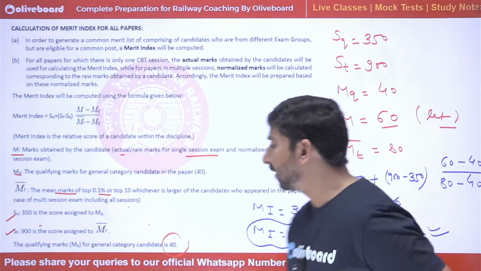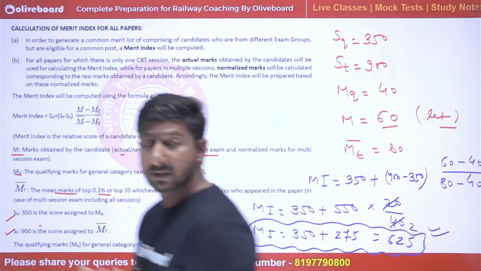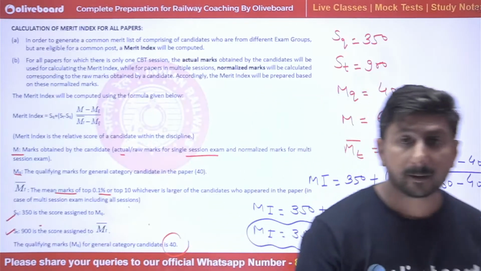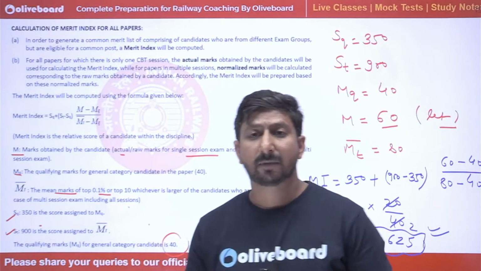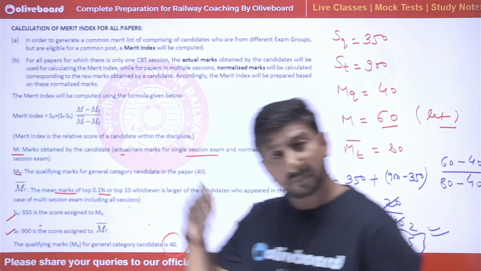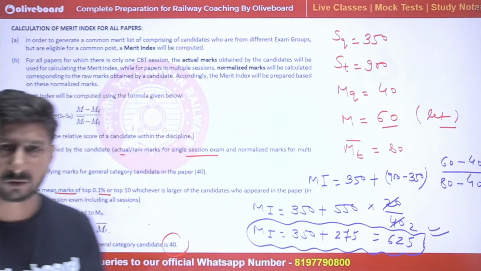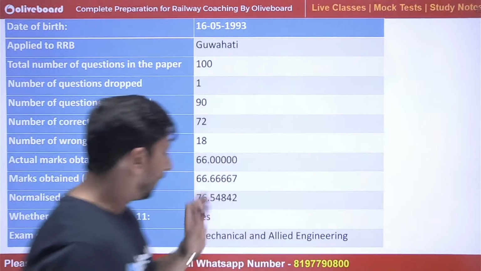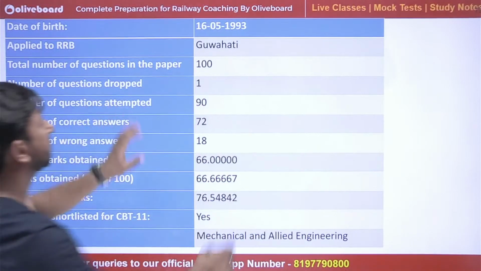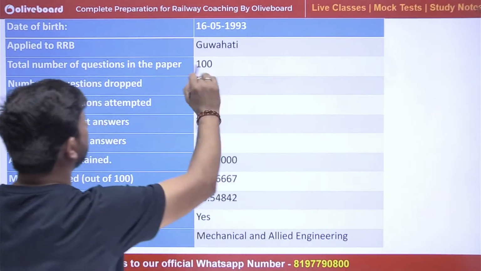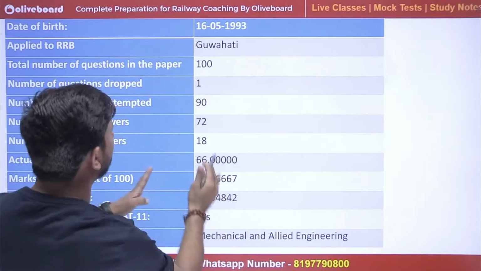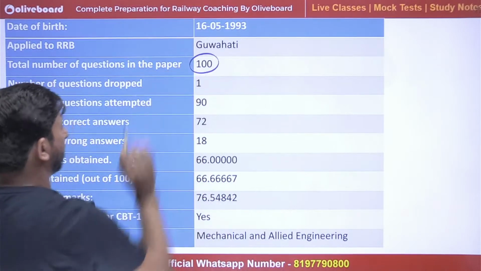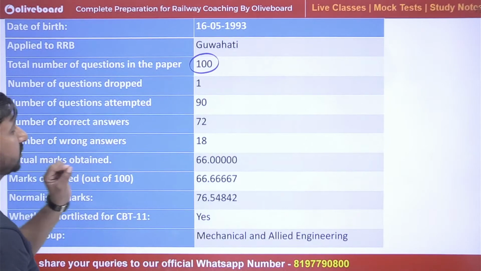Similarly, the normalized marks of the CBT1 are also calculated on the basis of a similar formula. I have an example scorecard of a student where in CBT1 the total number of questions is 100.